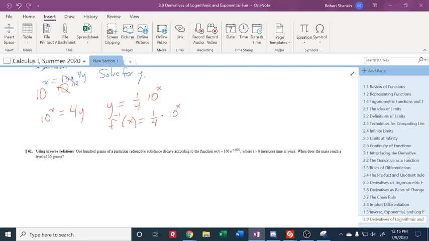When does the mass reach a level of 50 grams? So whenever I have something like this, I always write out what the input variable represents. T is time in years.